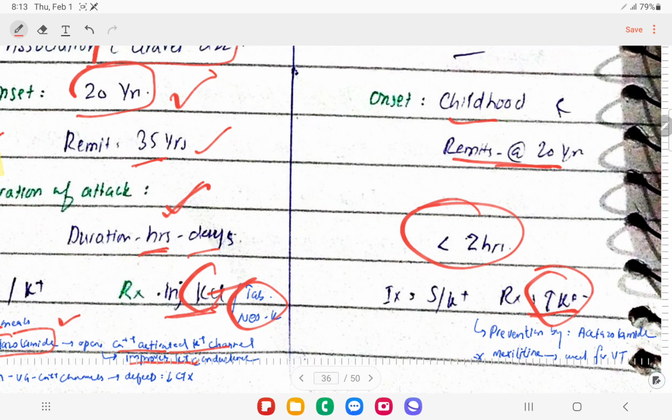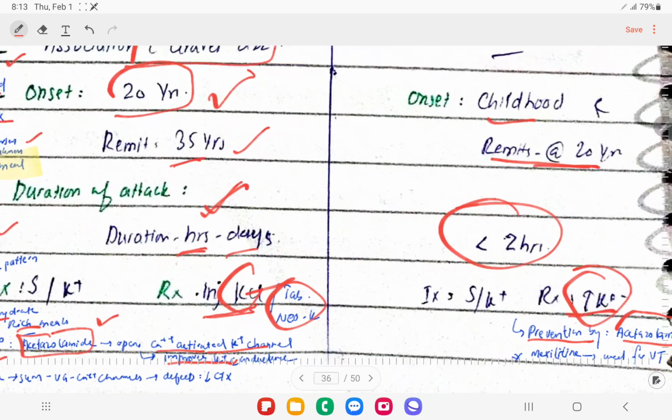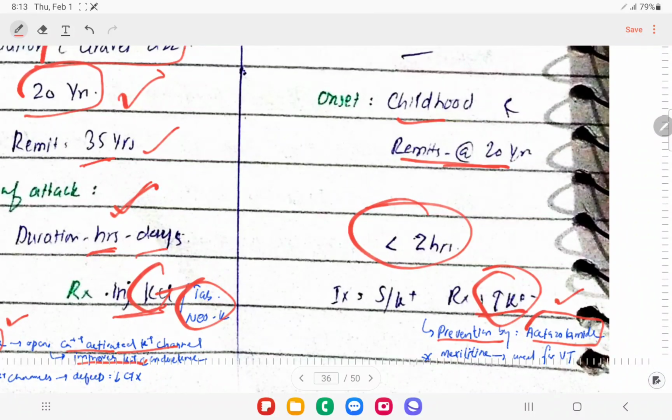We can prevent this by giving acetazolamide, the same drug that we used before, but here we use higher doses. There is also an antiarrhythmic drug used for ventricular tachycardia, mexiletine, and we can treat this disease with mexiletine.